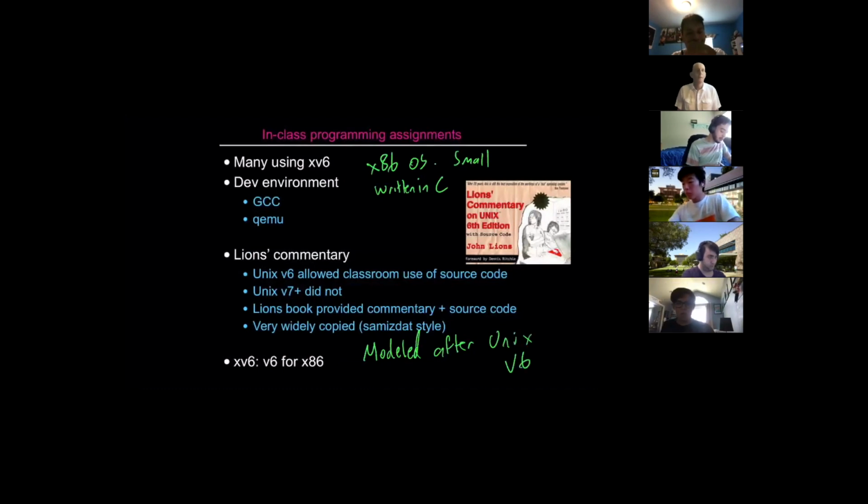v6. All right, so Unix v6 was one of the first versions of Unix that was actually available outside of Bell Labs. And it was also a version of the operating system where a guy in Australia went ahead and created a book based on the operating system.